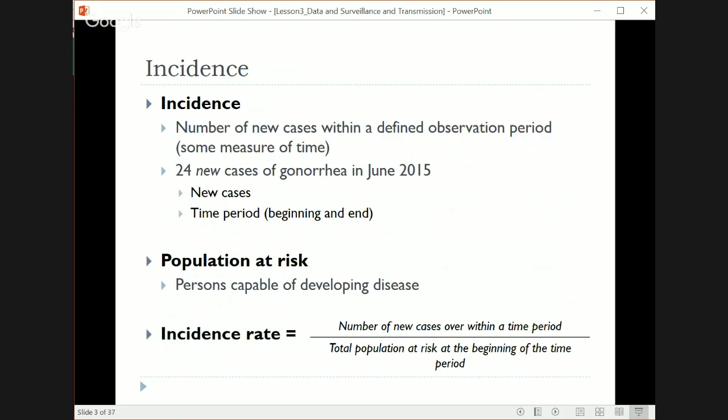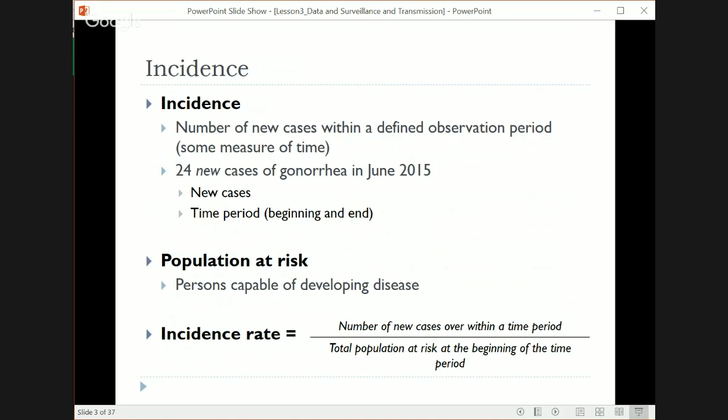So within a defined observation period, that's telling us that there's some measure of time here, number of new cases within a period. So if I said there were 24 new cases of gonorrhea in June of 2015, there are two pieces of information there, right? There's one, the number of new cases, and two, there's a time period, a time period with a beginning and an end.